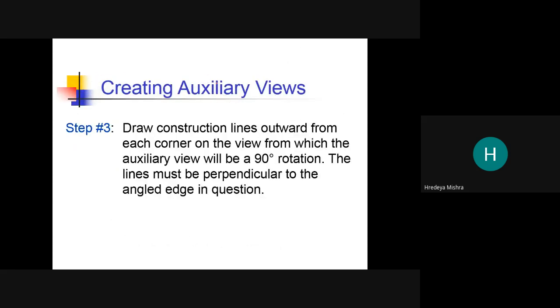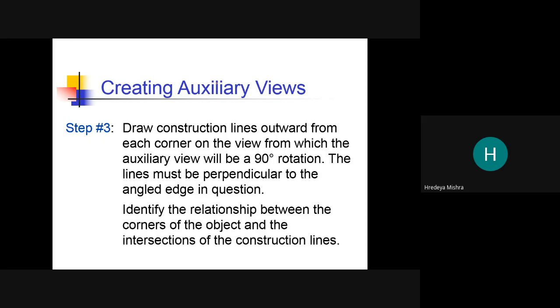Third step, draw construction lines outward from each corner on the view from which the auxiliary view will be a 90-degree rotation. The lines must be perpendicular to the angled edge in question.